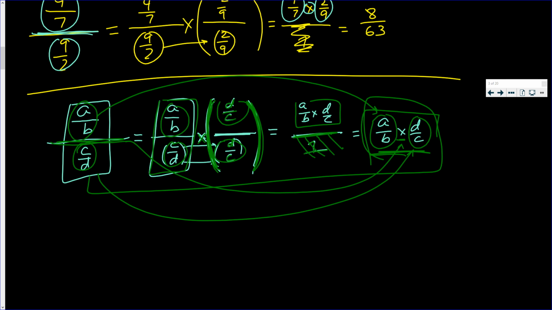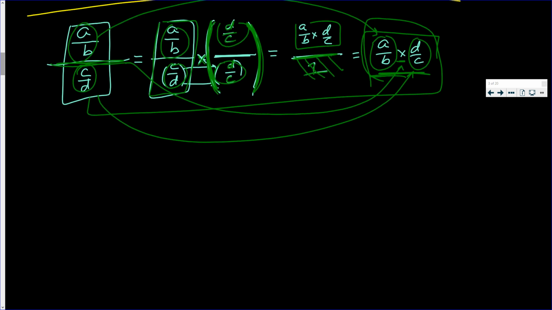Now, I want to be very clear. Many teachers, they don't show this. A over B divided by C over D equals A over B times D over C.